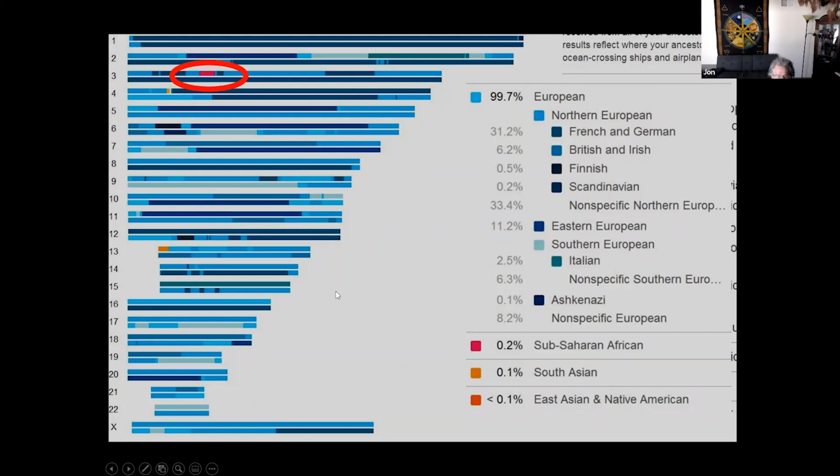My mom does not have any African DNA left in her genome that we're aware of. And we also have two little pieces here that are likely Native American DNA. We knew about that from our family tree. And it was not a surprise at all to find that that comes from my mom and is not present in my dad. So let's take a look at some more.